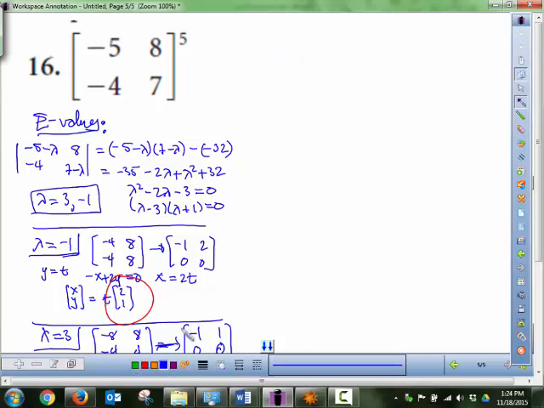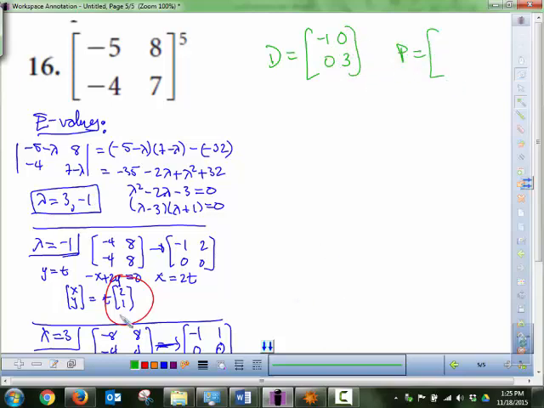So let's write D first. D is equal to the two eigenvalues, and it doesn't matter which one goes first. I like putting the lesser one first, -1 and 3. Then your P matrix: the associated eigenvector for -1 is 2, 1, and the other eigenvector is 1, 1.